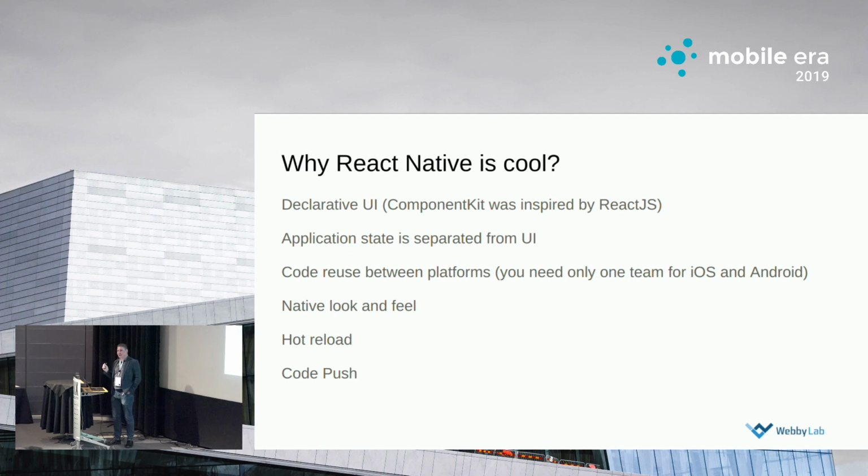So the key idea of React Native is not JavaScript, but that it's a framework for declarative UI. Before React Native, there was ComponentKit for iOS. Does anyone know about ComponentKit? Okay, so it was a framework from Facebook inspired by React.js.